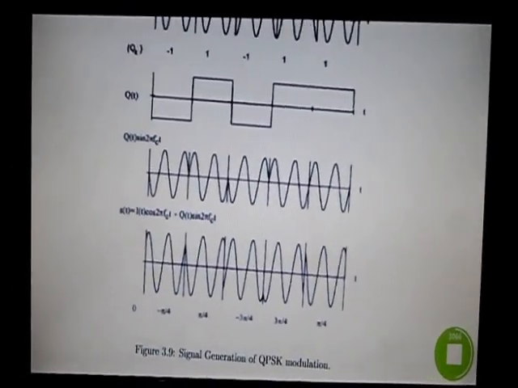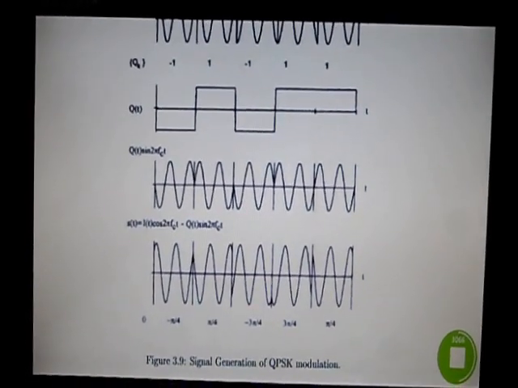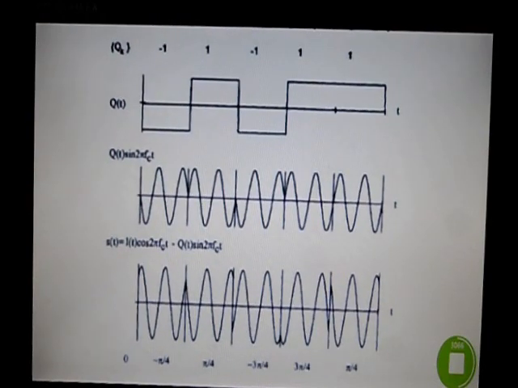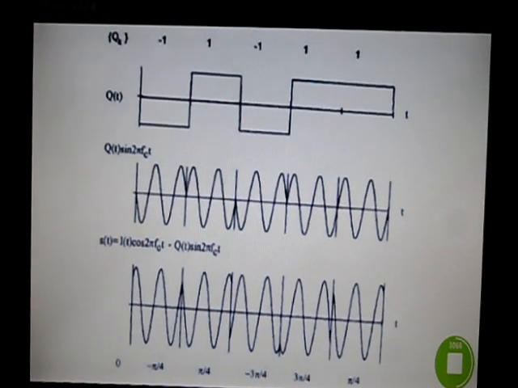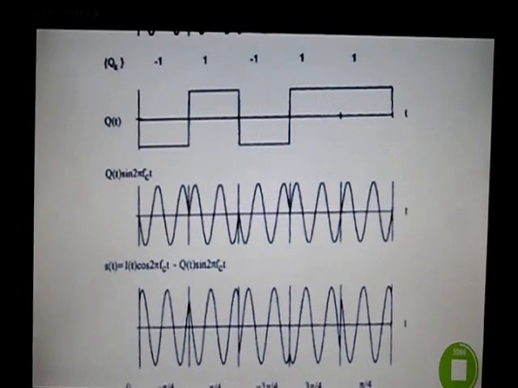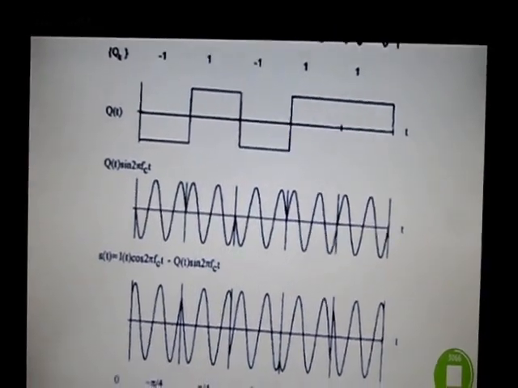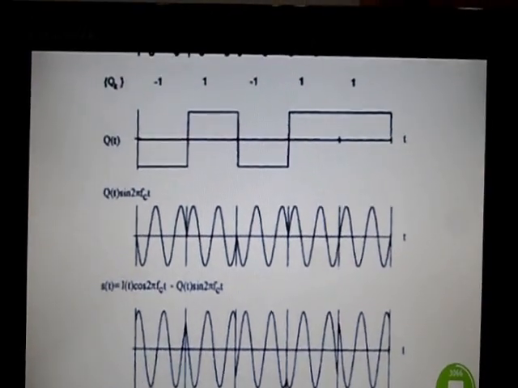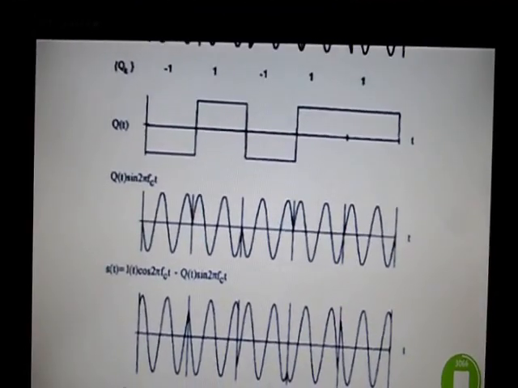Now for the same data, if you separate the odd number of bits, we would get the set Q sub k from the same data.